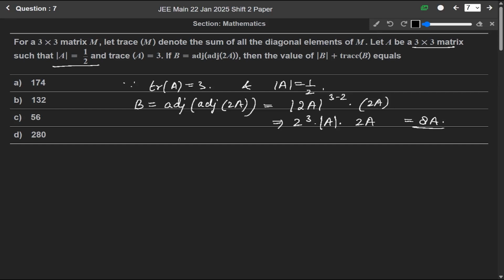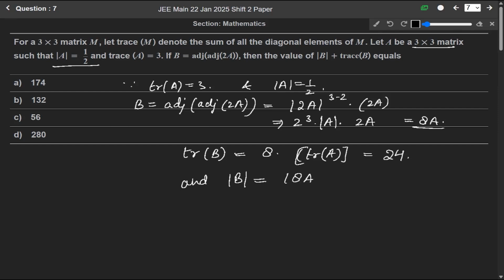So therefore this trace of B will be equal to 8 into trace of A, which will be equal to 24, and this determinant of B will be equal to determinant of 8A.